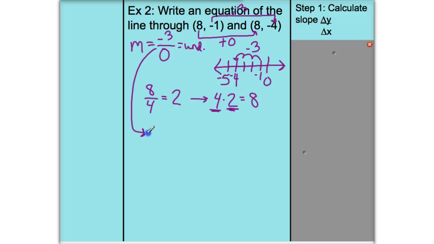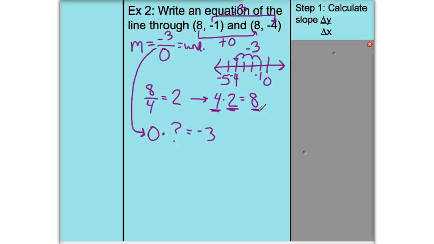So I'm going to start with my denominator times, we don't know our answer just yet, equals -3. The number we were dividing into is the numerator of our fraction. 0 times what gives us -3? There is no possible number that you can multiply by 0 to equal something other than 0. So that's why division by 0 is undefined.